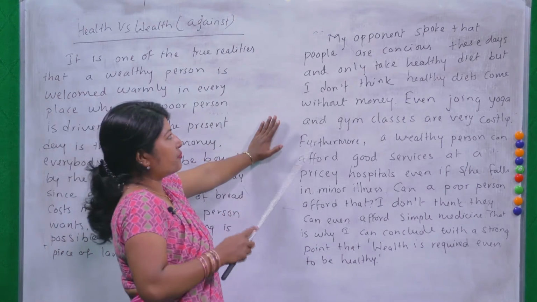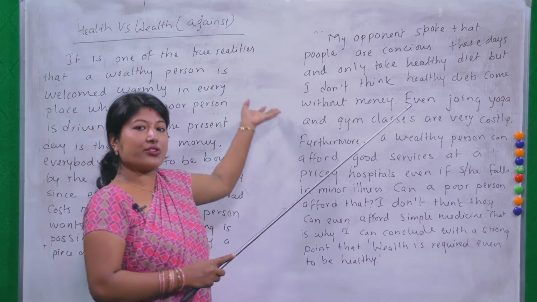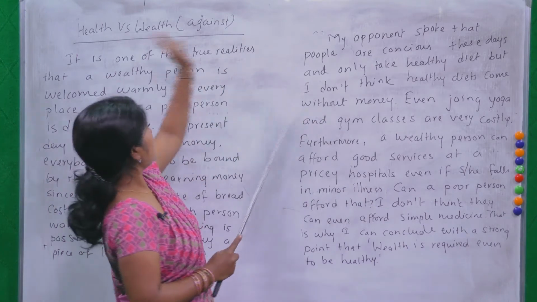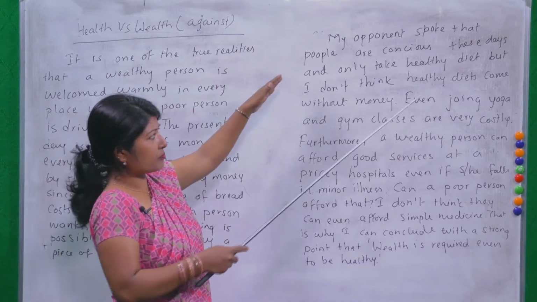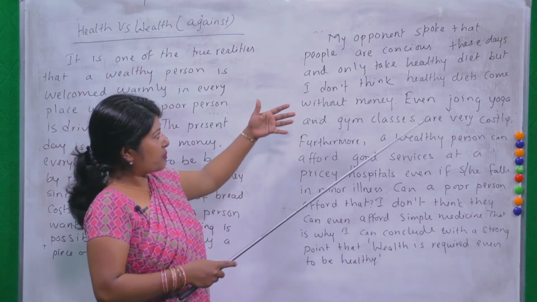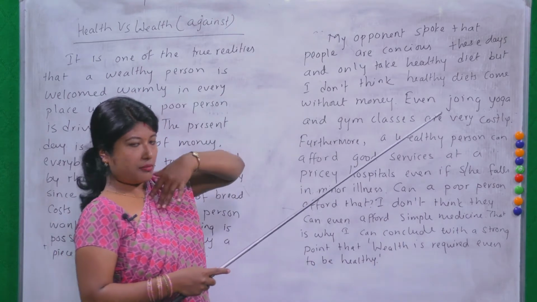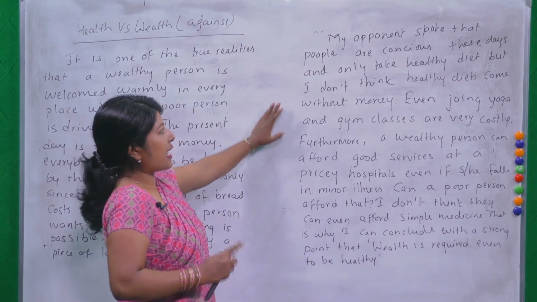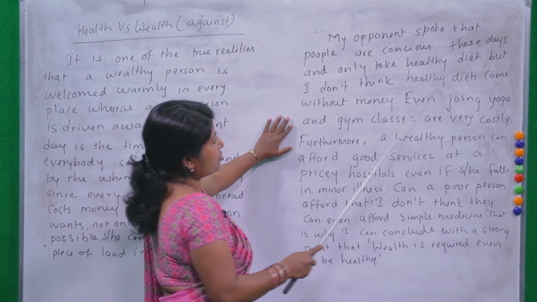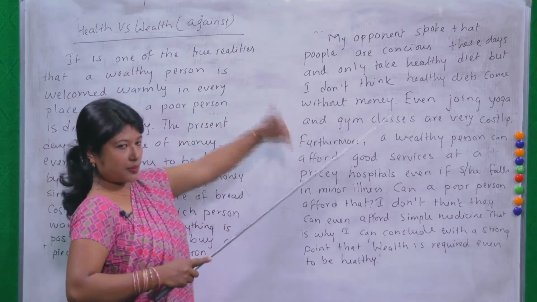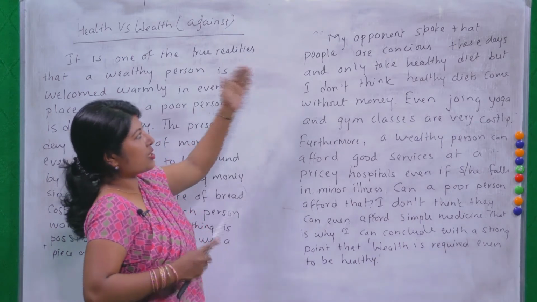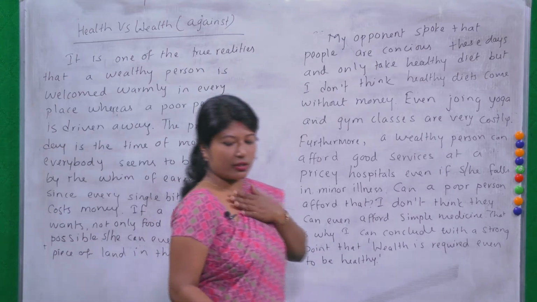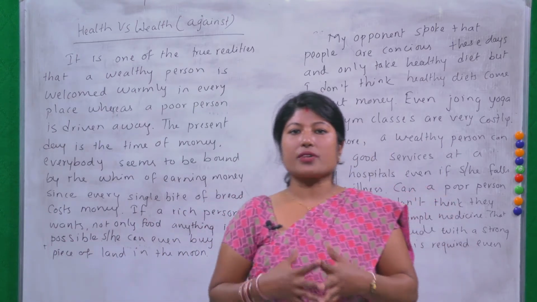Then there are some points about the previous speaker, how the previous speaker told about the importance of health, and that should be countered by the next speakers speaking against, giving the same counter points about the importance of wealth, not health. So in this way you can write your arguments.